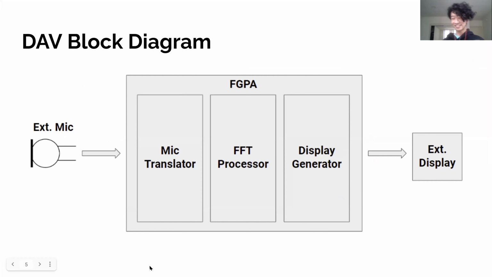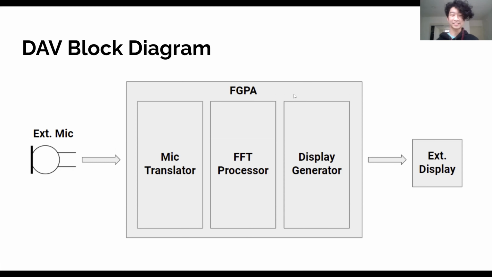I know we haven't assembled everything together like this yet, but this is generally the overview of what we're trying to get. You should have the microphone, which we just did in the previous lab. That goes with the mic translator. And you have your FFT operating on those inputs. And the FFT goes to the VGA module, and the VGA module puts stuff on the screen. Typo not included.